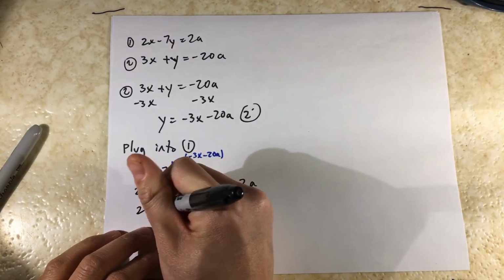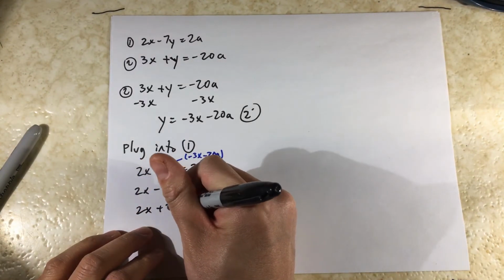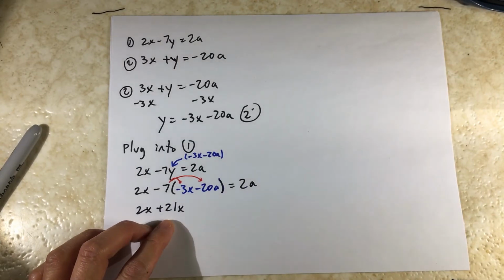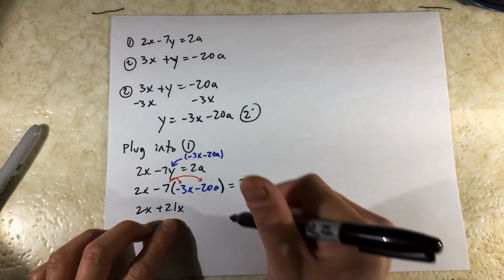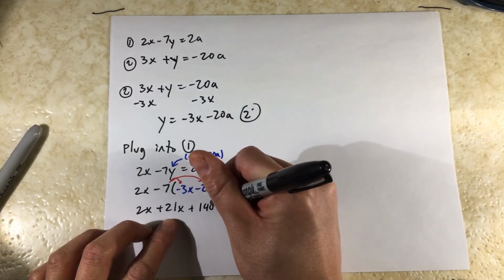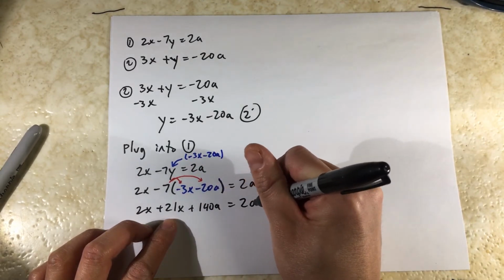So I get 2x and then plus 21x, because negative 7 times negative 3x is positive 21x. And then positive 7 times 20 is 140, equals 2a.